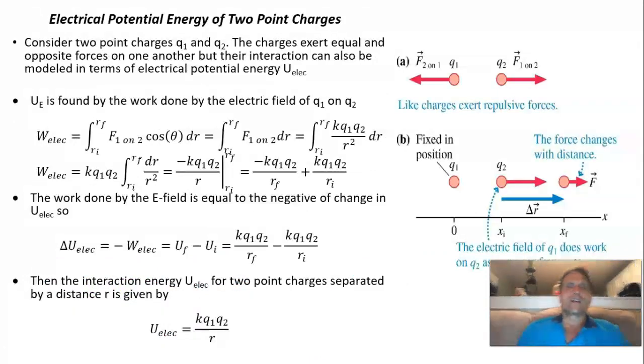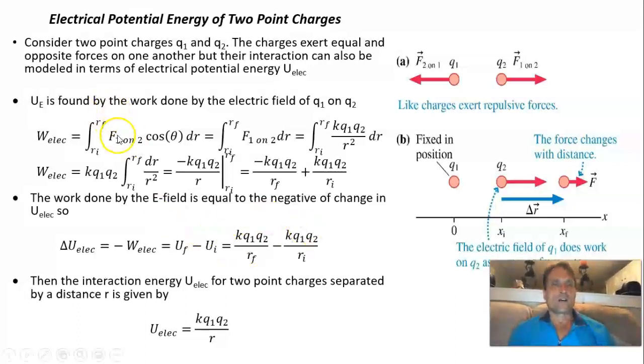Then we calculated it for two point charges. Here you have force 1, one exerts a force on two, two exerts a force on one, and in this case they're repelling each other. So the force and the displacement are in the same direction, and cosine of theta is 1 because theta is 0, and it just becomes the integral of the force times the displacement.